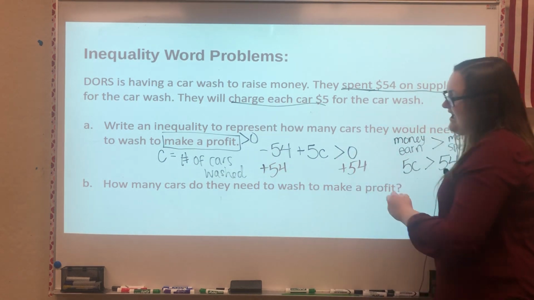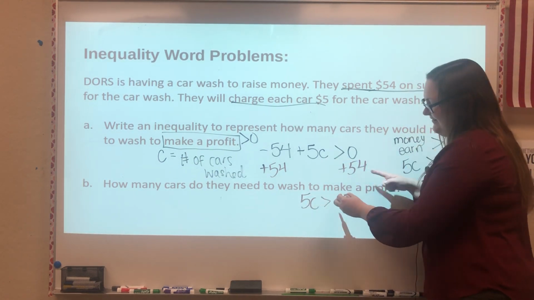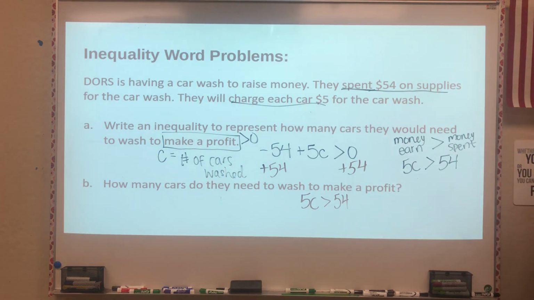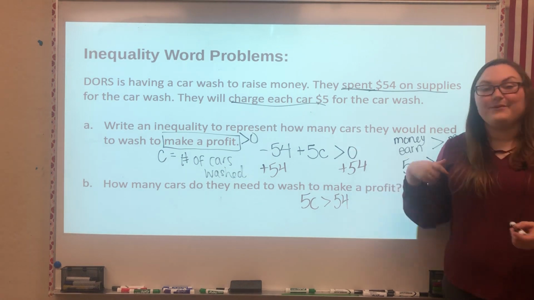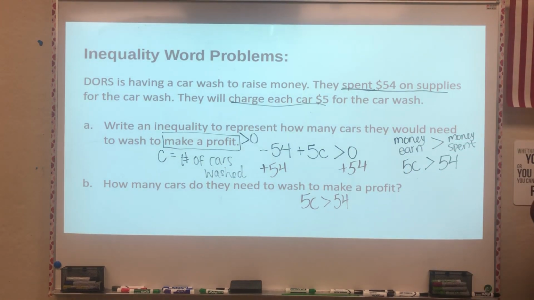And if you do that, it's going to leave you with 5C is greater than 54, which is what we have written over here. For the answer to that first part of the question, I don't care which way you write it because they both say the same thing. The second part of the question says, how many cars do they need to wash to make a profit? Go ahead and try that one.